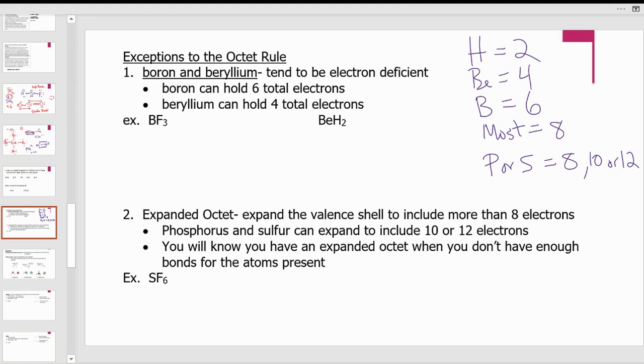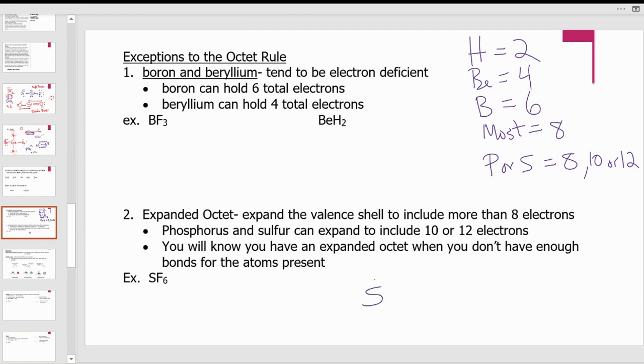So Devin, when you're trying to do a phosphorus or sulfur, you'll start off by trying for 8. That's the standard move. When that falls apart, I can try 10. If that works, you're done. You just try to get the connections so that it equals 10, or 12. Like this sulfur one here, sulfur hexafluoride.